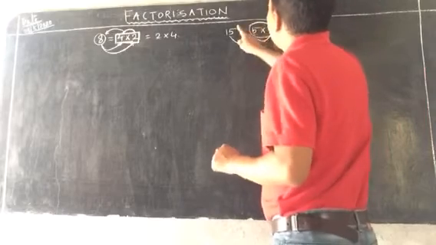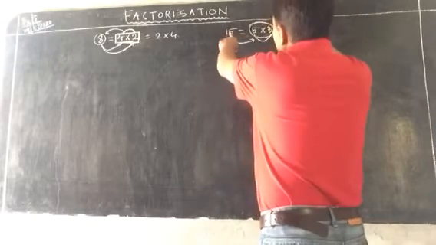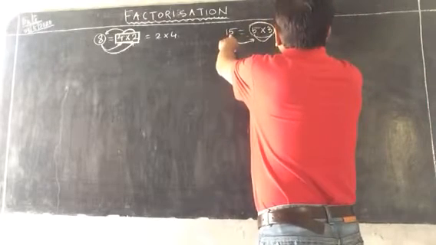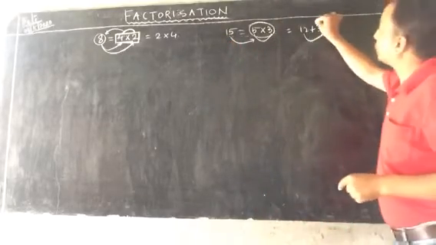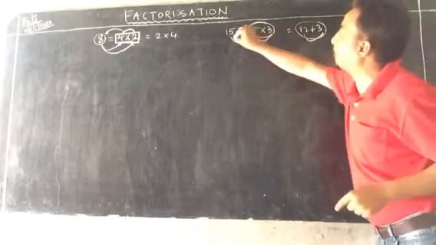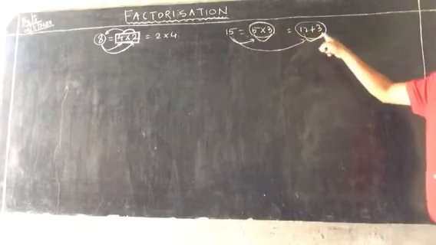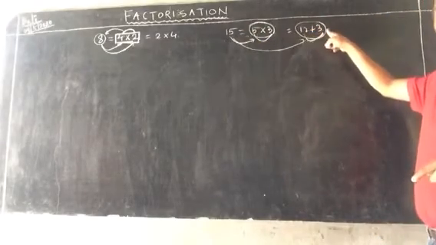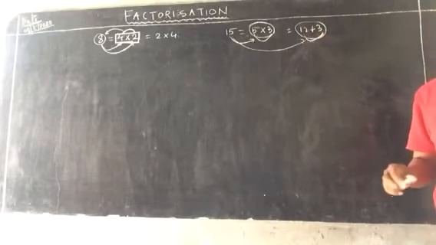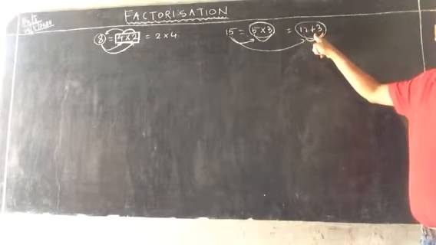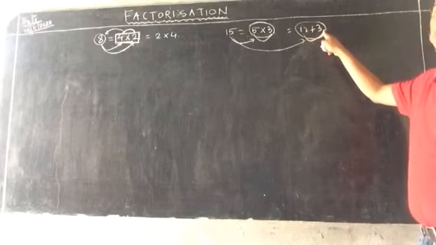If I write 15 as 12 plus 3, 12 plus 3 is also 15, and here also I have split 15 into two numbers, but these two numbers are not in the form of product, they are in the form of addition.